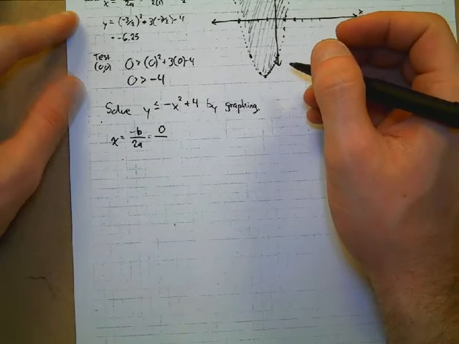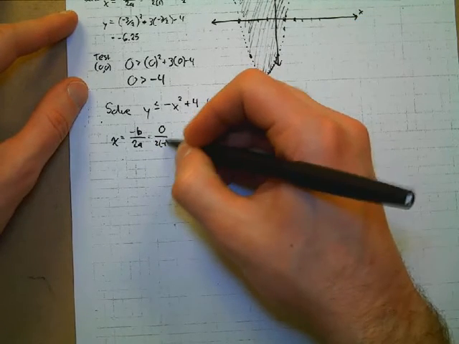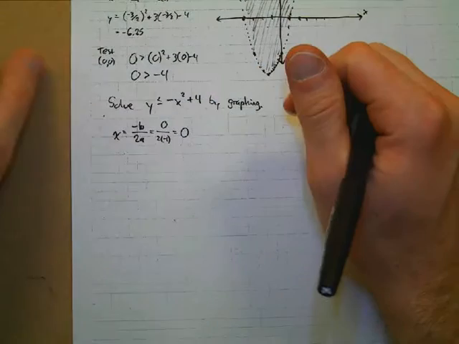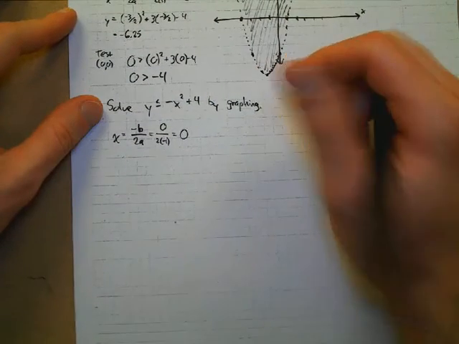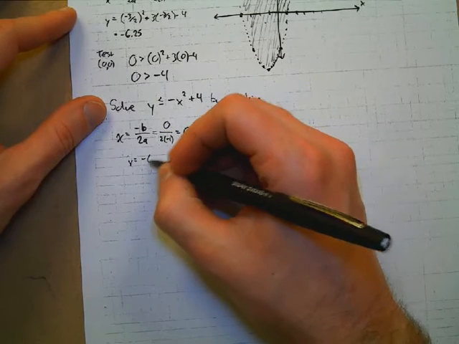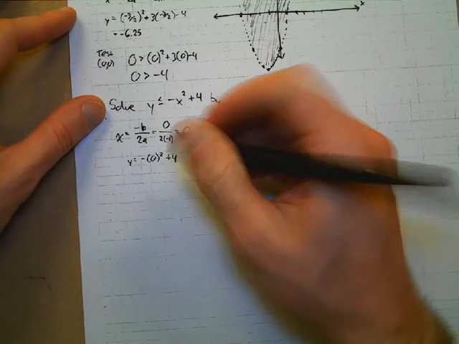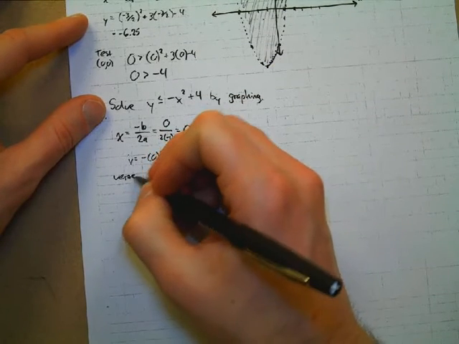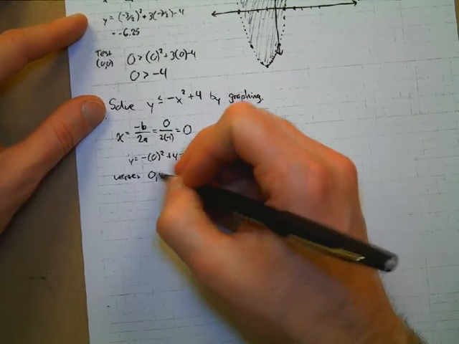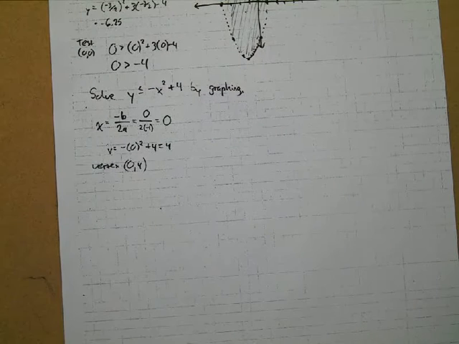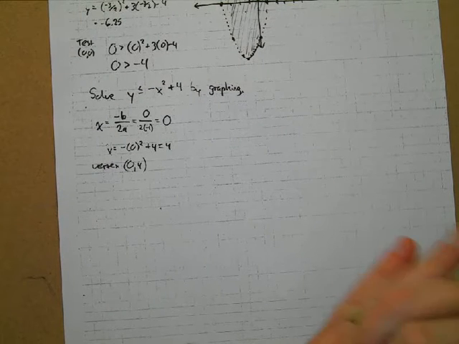So the x-coordinate of our vertex is 0, and then we'll plug that 0 into the equation here, so it's y equals negative 0 squared plus 4, so it's just 4. And so the vertex is at 0, 4. Okay. How else could we have gotten that vertex besides using the negative b over 2a, though? What else could we have done there to figure out that the vertex is going to be at that point? What could we do? Anybody? It doesn't have to be Amanda.